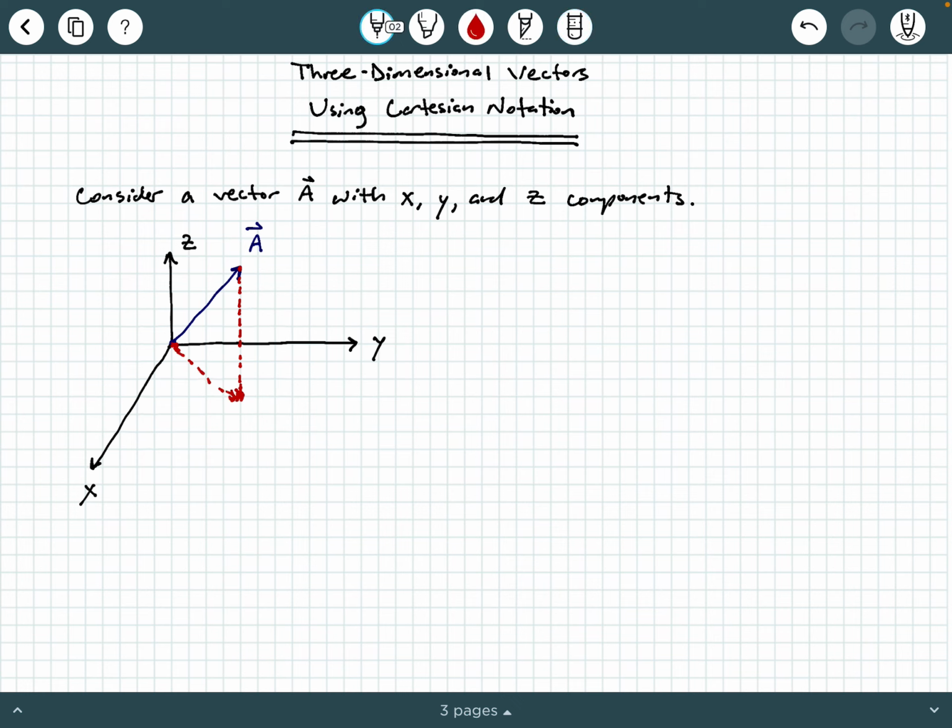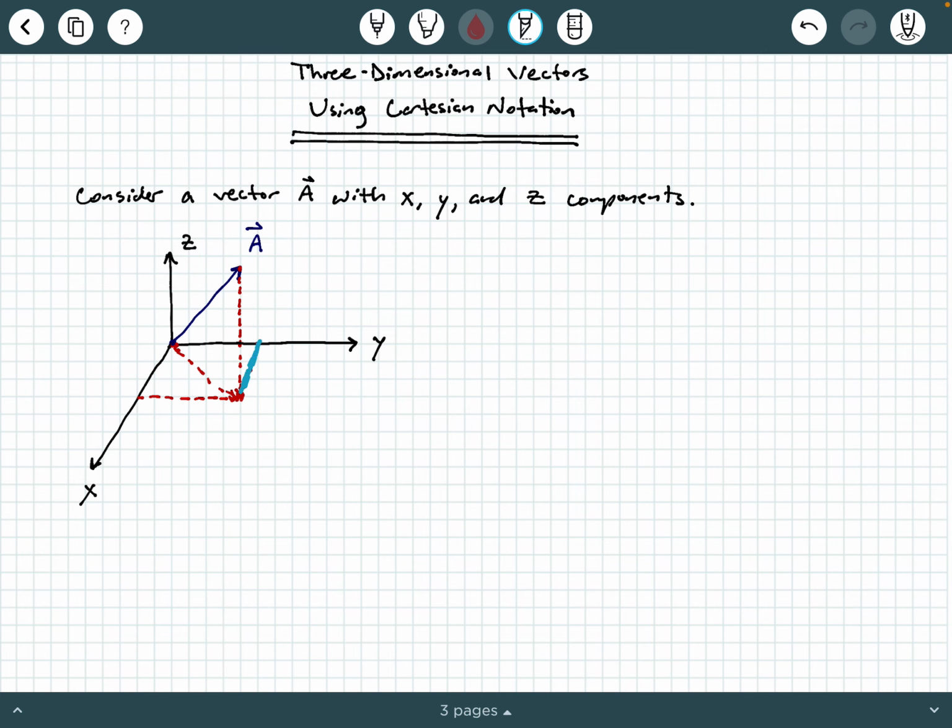Okay. Now, what I'm also going to do is show its 2 components that lie parallel to those 2 planar axes. So I'm going to show a component that's parallel to the y-axis and to the x-axis. And the way I'm going to construct that is by drawing parallel lines to each of those axes, okay? So let's take a look at what I have here.